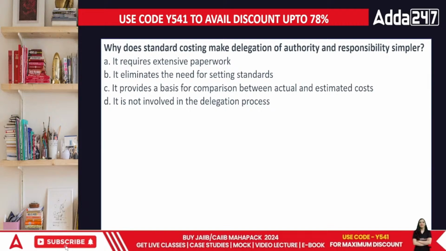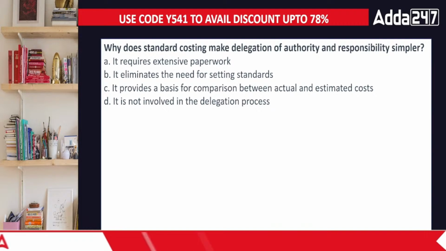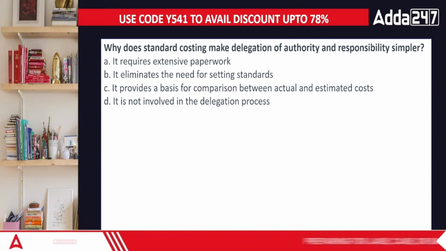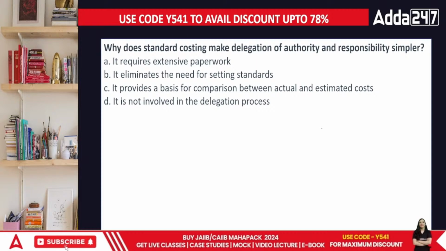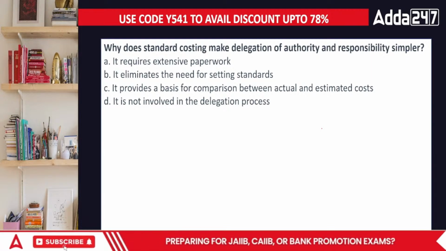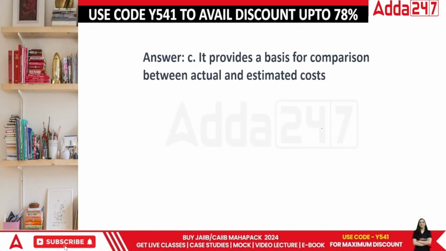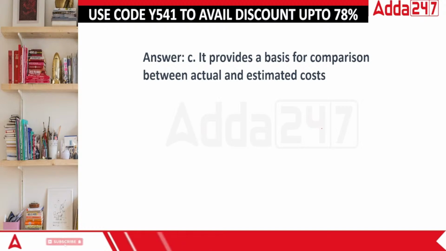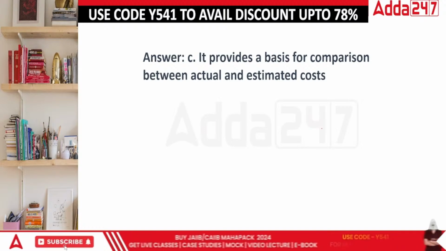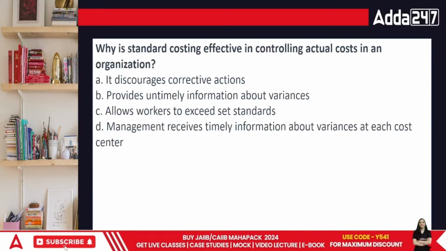It is actually setting standards. It provides a comparison between actual and estimated cost, or it is not involved in the delegation process. Delegation is whatever work I am doing, I give to you or anybody else. But I share the non-core activities of my job, not the core. When we do this, we allot someone the duty to compare actual and estimated costs.